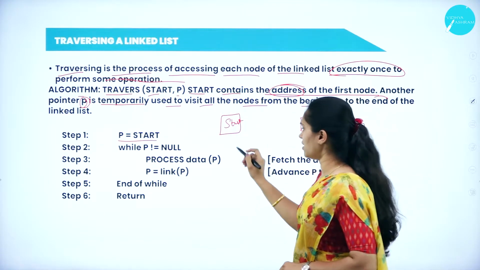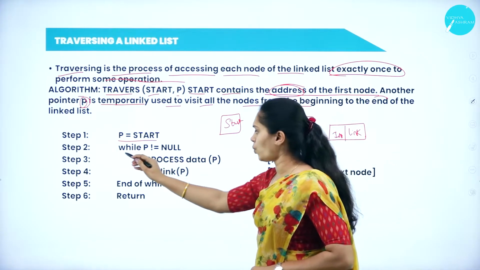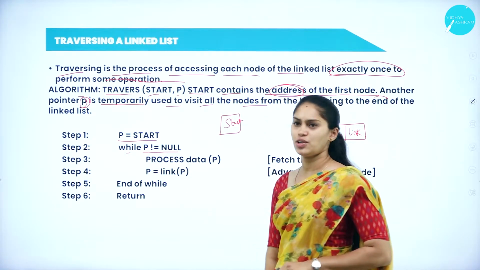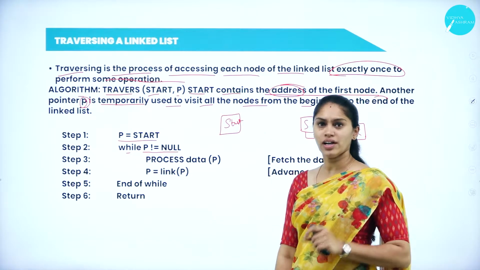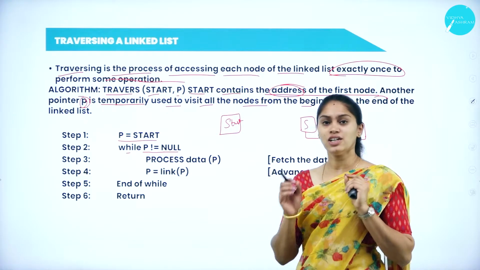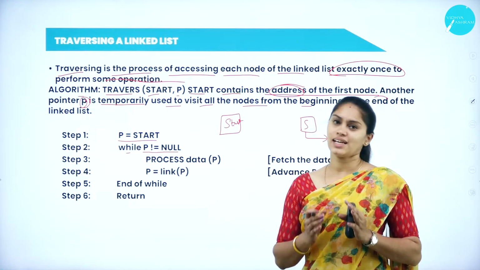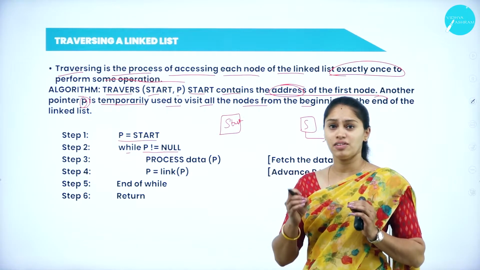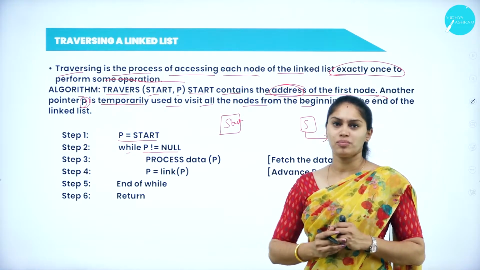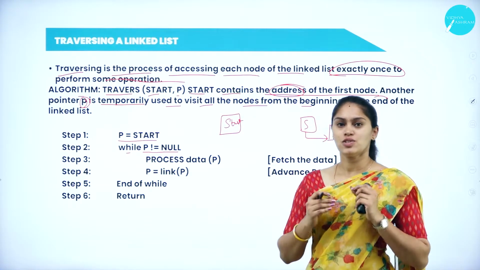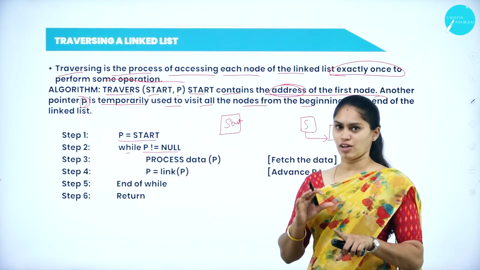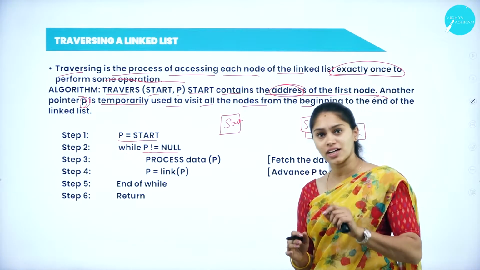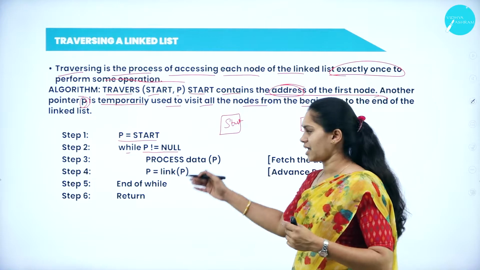Now P is here and I am going to check while P is not equal to null. That means we have to check whether we have any node in the linked list or not. If not, then we cannot perform the operation, right? If it is equal to null, we cannot perform the operation. If it is not equal to null, then only I can process.